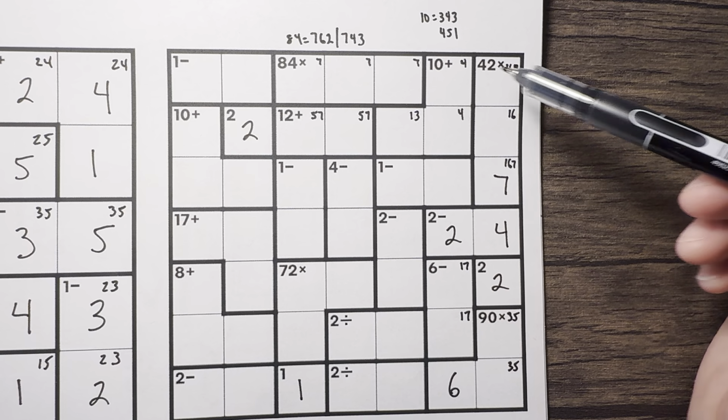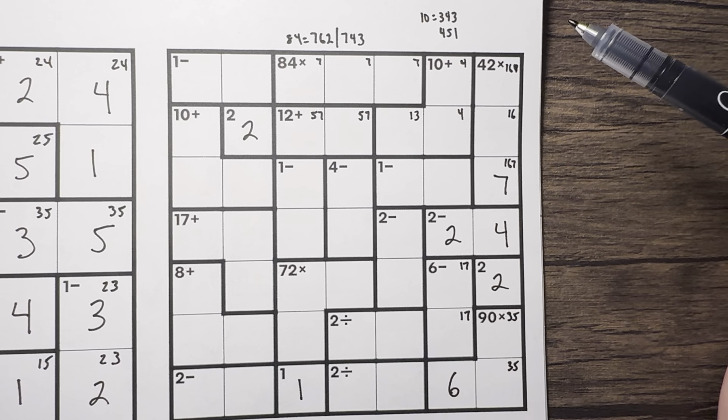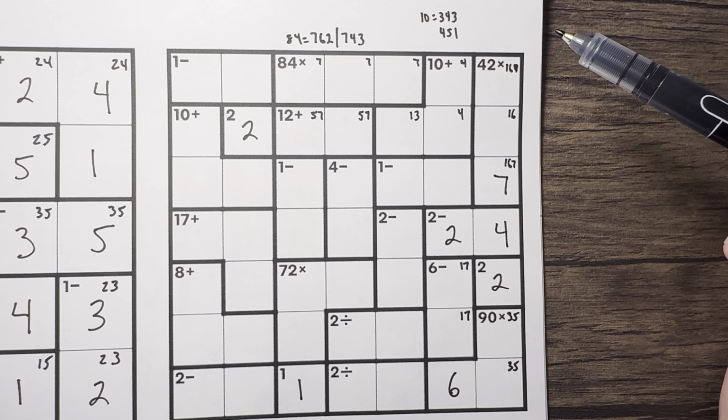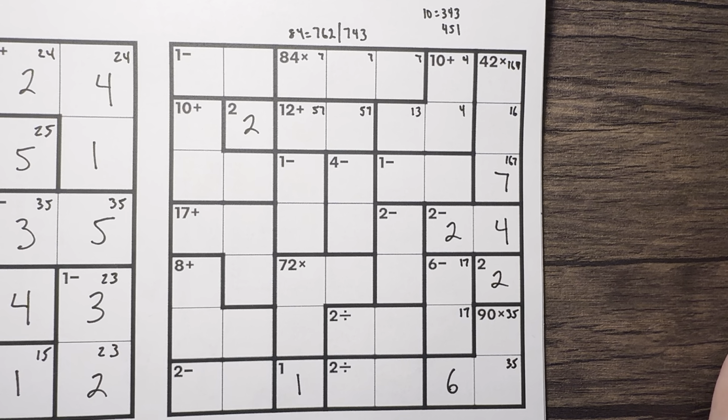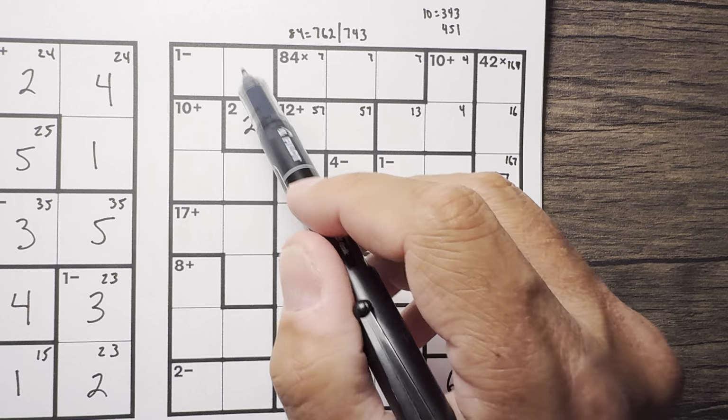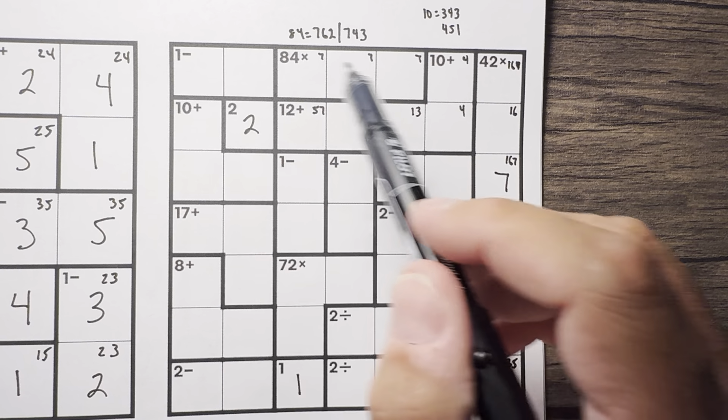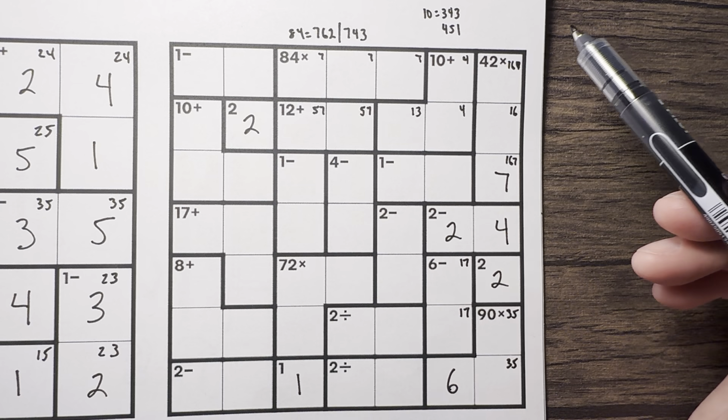I guess this becomes a 6, and that becomes 1, 2. Huh. Now, it gets really interesting. If I could figure out what these two are, I could probably figure out the rest here.